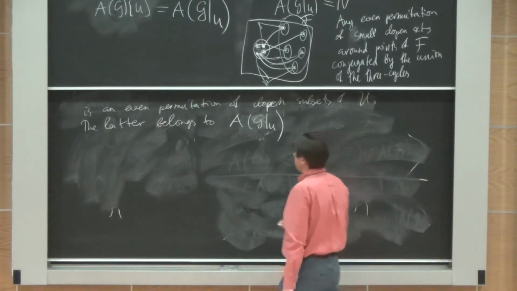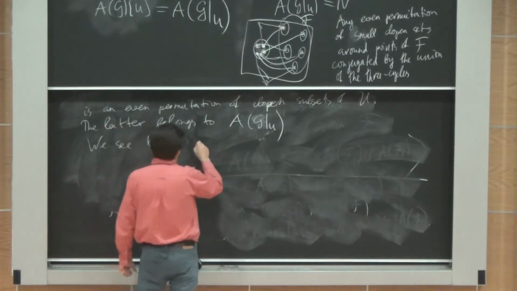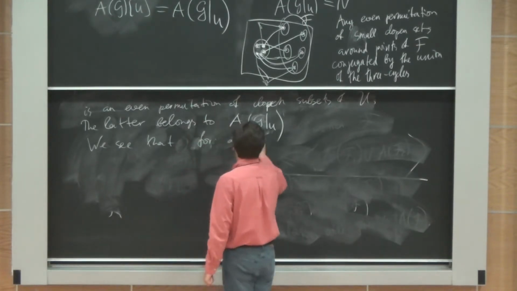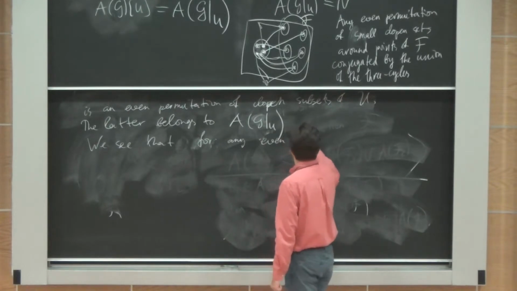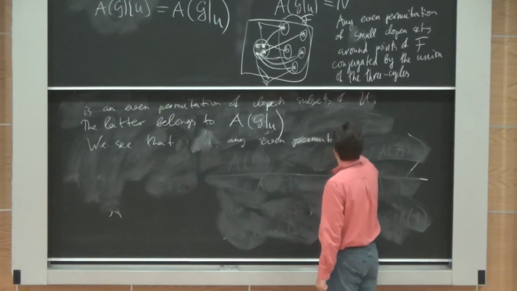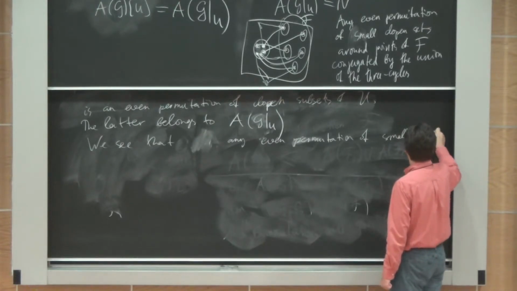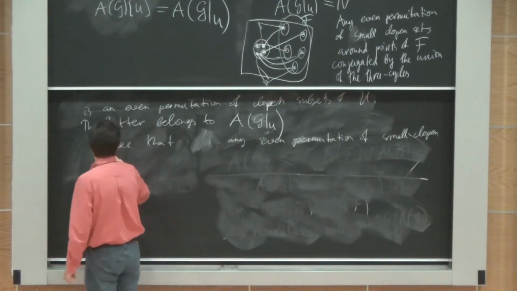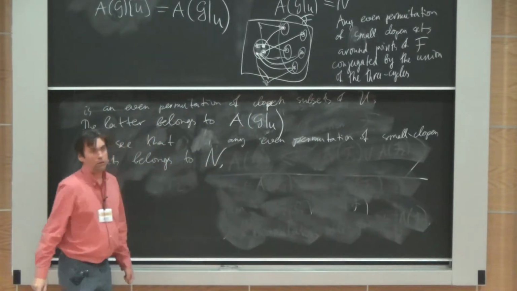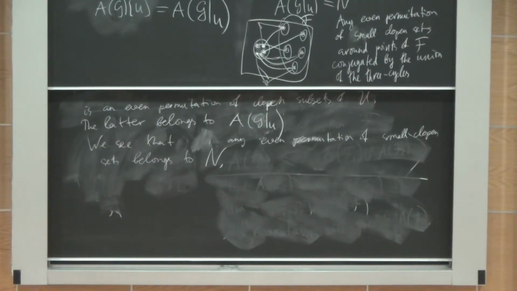So we see that any even permutation of sufficiently small Clopen sets belongs to N. Because it's conjugate to something living inside U, and we know that everything living inside U belongs to N by that lemma.